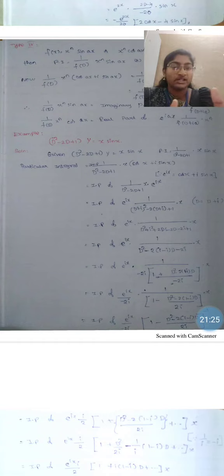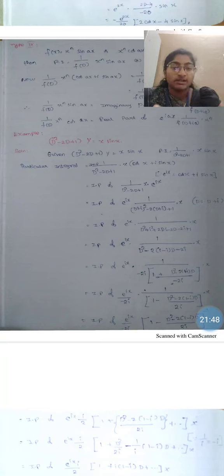We already know that we change this into e power iax. The value of a is 1, so just write e power ix. Take e power ix in front, divided by, and in this we are going to change d to d plus ai. The value of a is 1, so d becomes d plus i. Just convert d into d plus i.